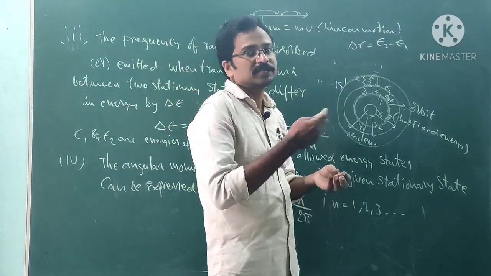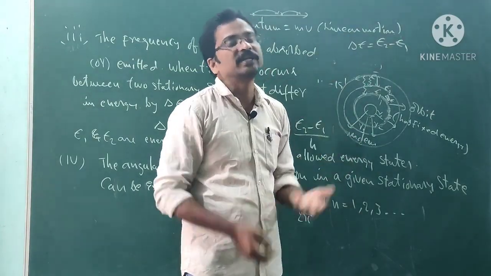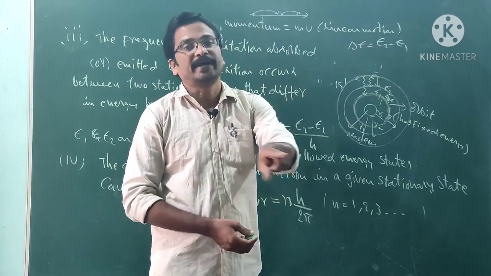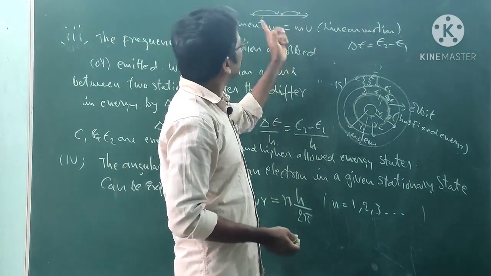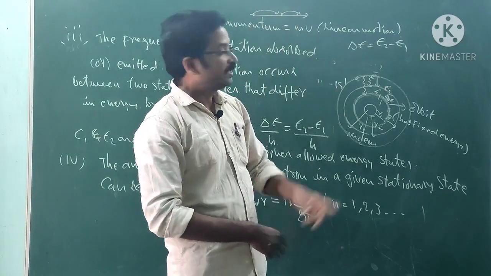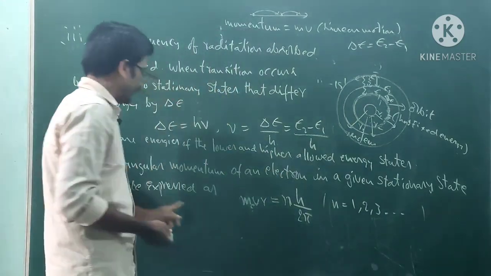Whenever the object moves around a circular path, then it contains angular momentum. Here there is no angle, so momentum is enough. Here there is an angle, and it is known as angular momentum.